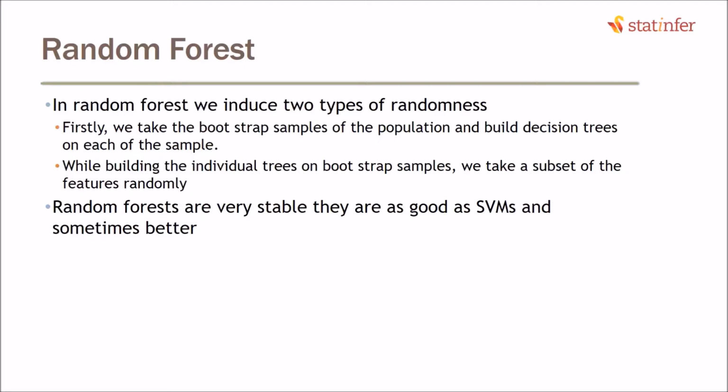But the major point in random forest is that while building the individual trees on the bootstrap samples, we induce one more set of randomness by choosing a subset of the features. We will not build the models on each of the samples using all the features.